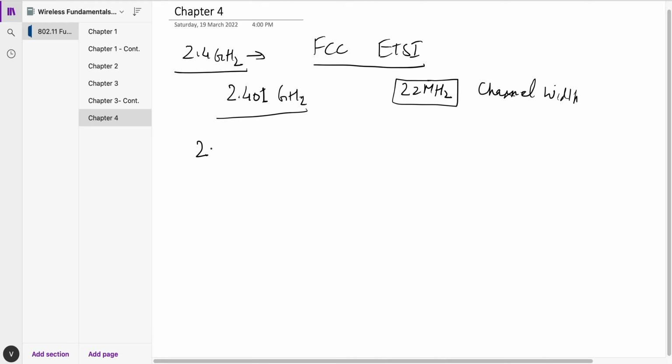The first channel starts from 2.401 and goes to 2.423 because the width is 22 megahertz. Second channel is 2.406, that is 5 megahertz added, goes all the way to 2.428.